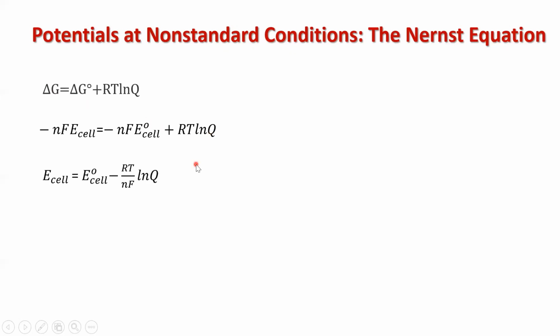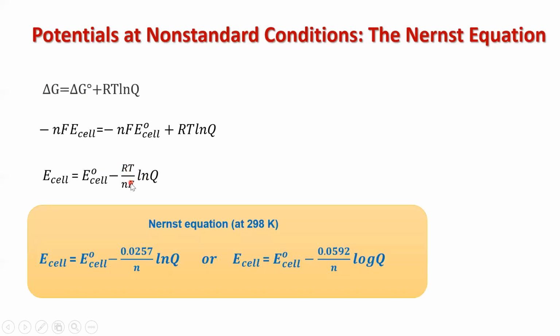So we're going to do a little manipulating with this equation. We're going to divide everything by negative NF. That cancels negative NF out on the left-hand side. It cancels negative NF here, and we're just left with E naught. And we're going to be dividing this by negative NF. So we get negative RT divided by NF ln of Q. And again, R is a constant, T is a constant, F is a constant.